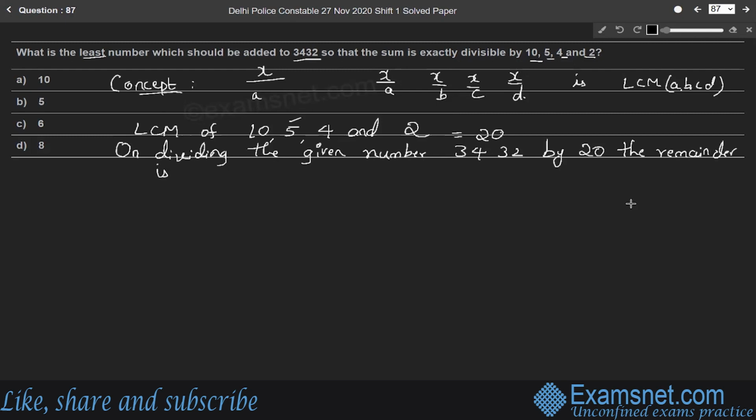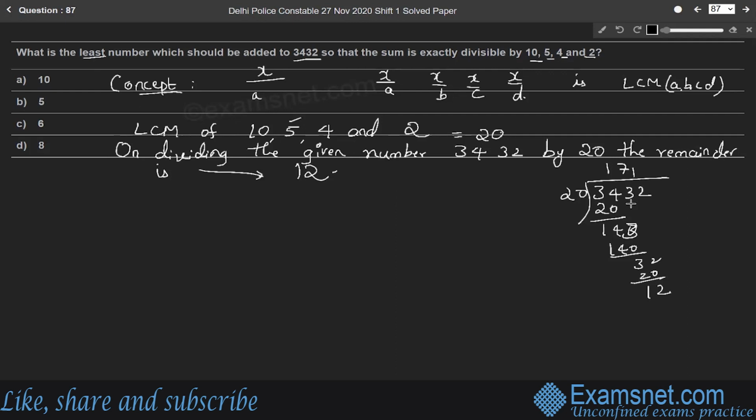So we can check 3432 divided by 20. So here it is 140. So again 20 into 1 is 20 here. 12 is the remainder. So on dividing the given number 3432 by LCM of 4, 5, 10 and 2, that is 20, the remainder will be 12.